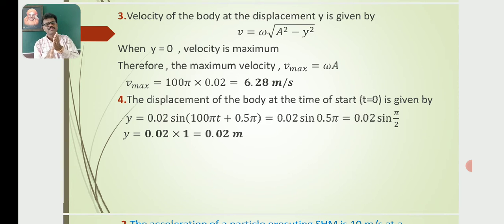As the body moves from mean position to extreme position, its velocity goes on decreasing. As it moves from extreme position to mean position, its velocity goes on increasing.